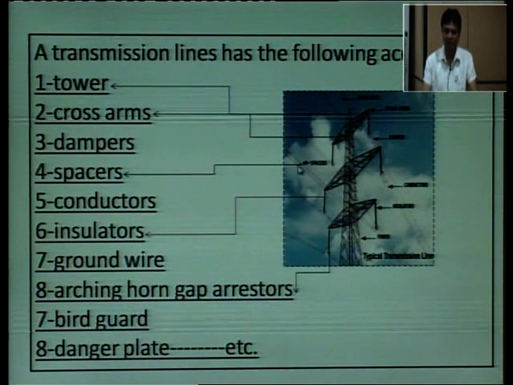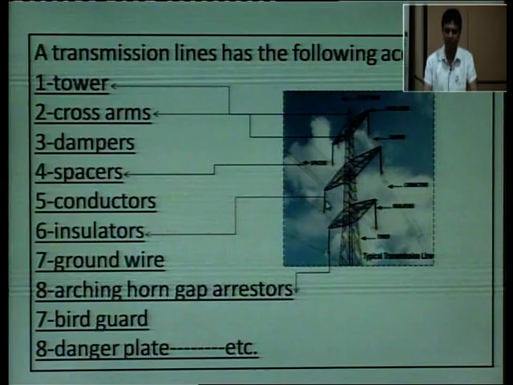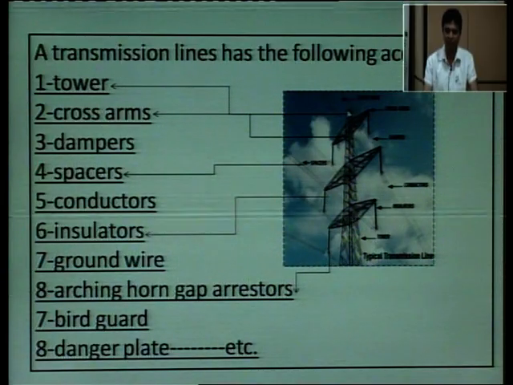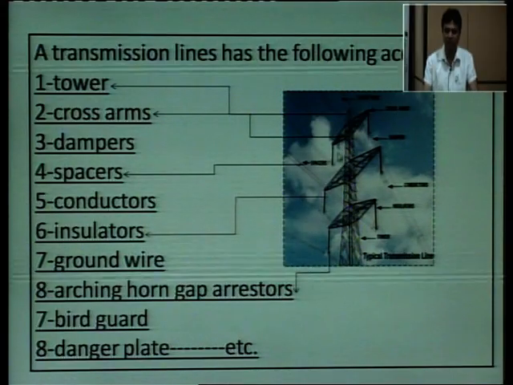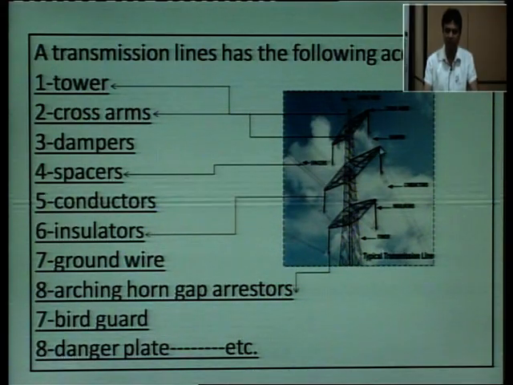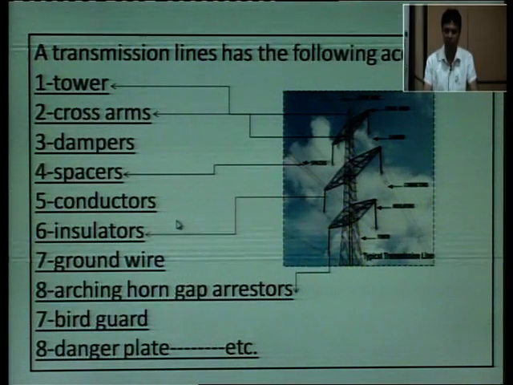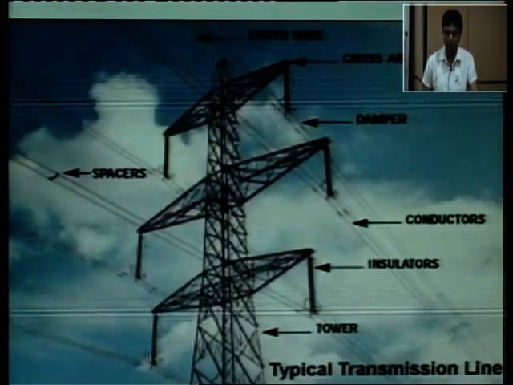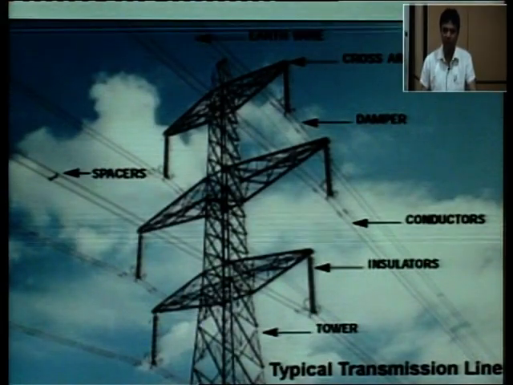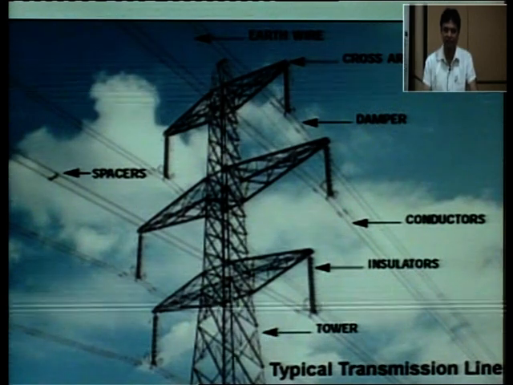Spacers, conductors, insulators, ground wire, horn gap arresters, bird guard, danger plate, which is not shown in this diagram, but there is a danger plate also. So, in this case some accessories are clearly visible.